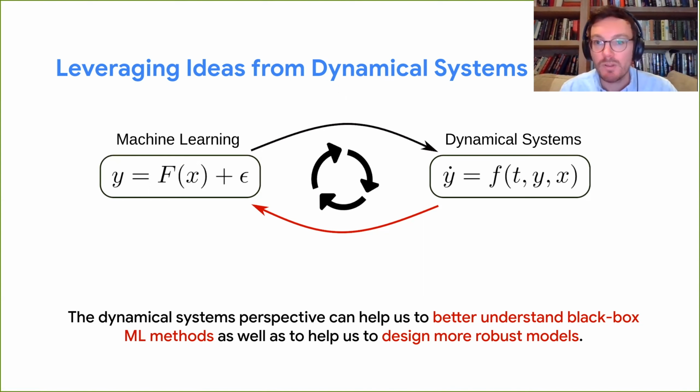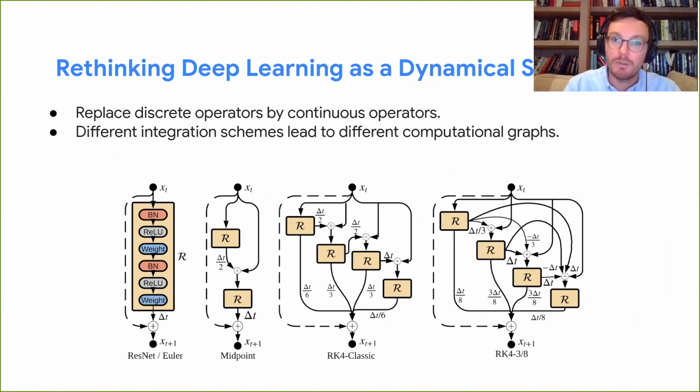In turn, these insights can then be used to design more robust models. We can also take advantage of the idea of neural differential equations that are easier to study and where we have a lot of knowledge from the theory of differential equations that we can leverage.